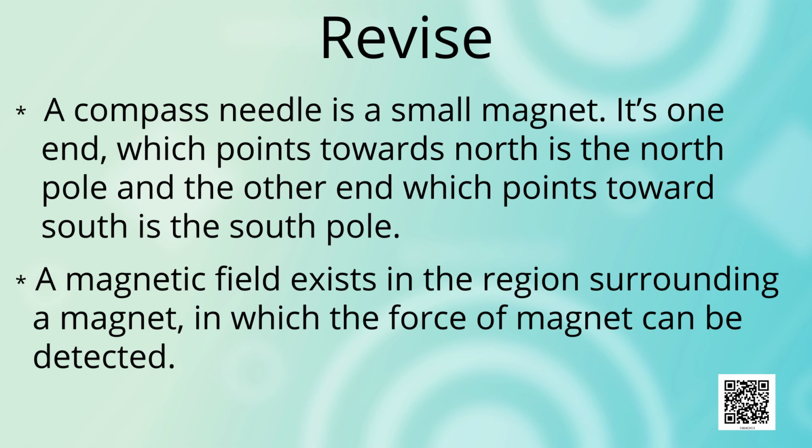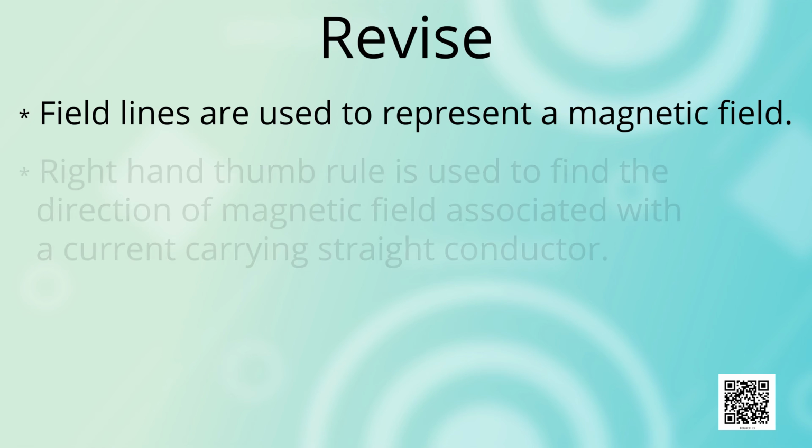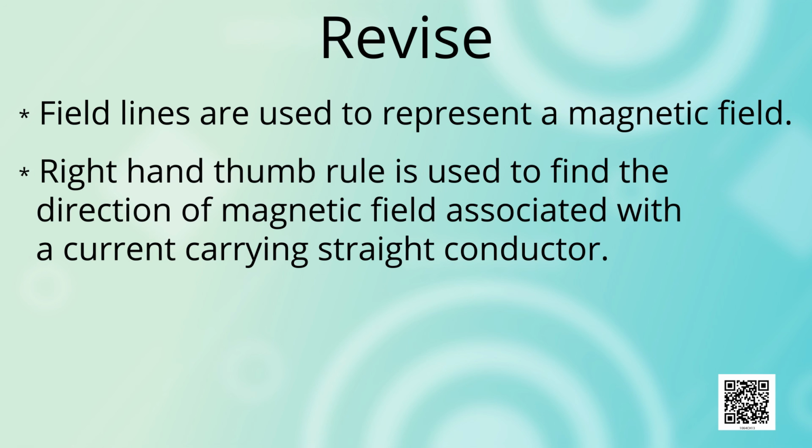A magnetic field exists in the region surrounding a magnet, in which the force of a magnet can be detected. Field lines are used to represent a magnetic field. Right hand thumb rule is used to find the direction of magnetic field associated with a current carrying straight conductor.